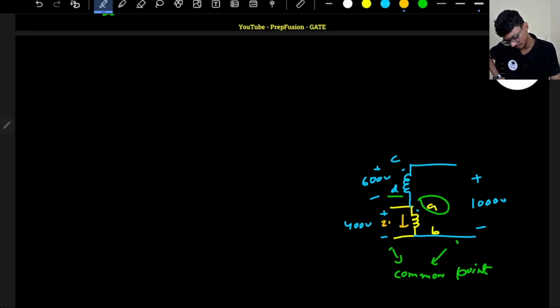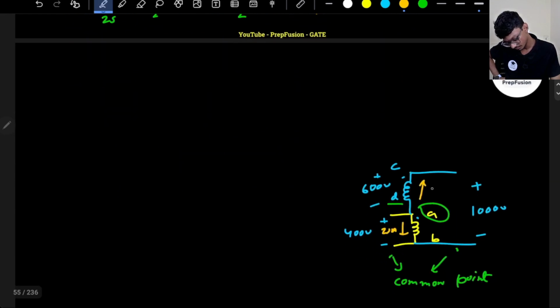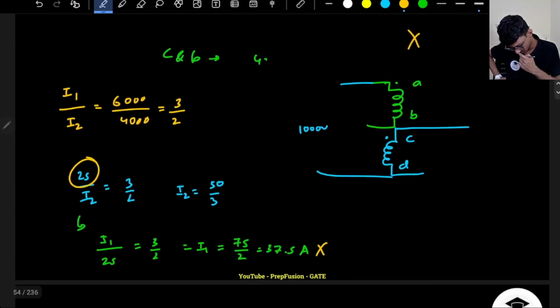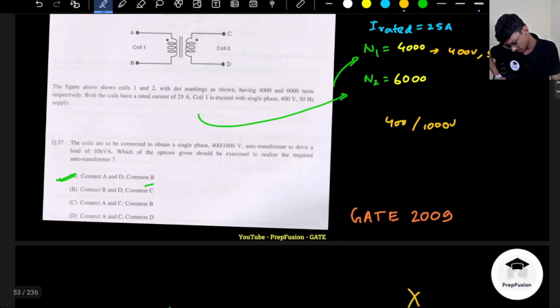How much is this one carrying? This one will carry 50 by 3, correct. How much will this high voltage one carry? 50 by 3 only. Am I doing anything wrong here? That is what I am trying to see. Okay, I1 by 2 is fine. Yeah, rated current is 25.